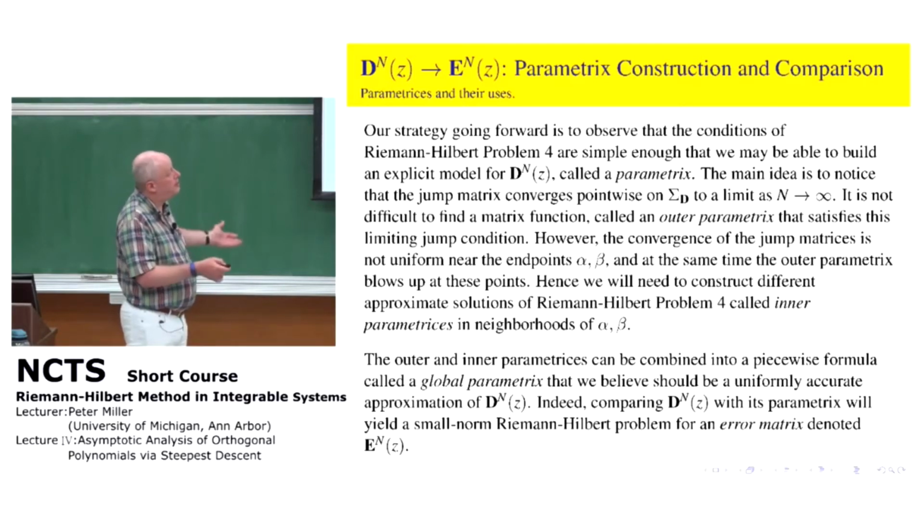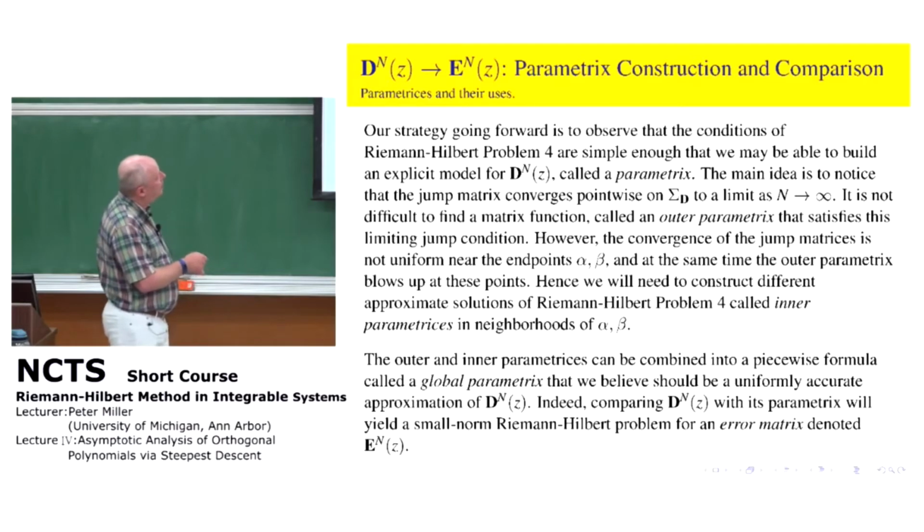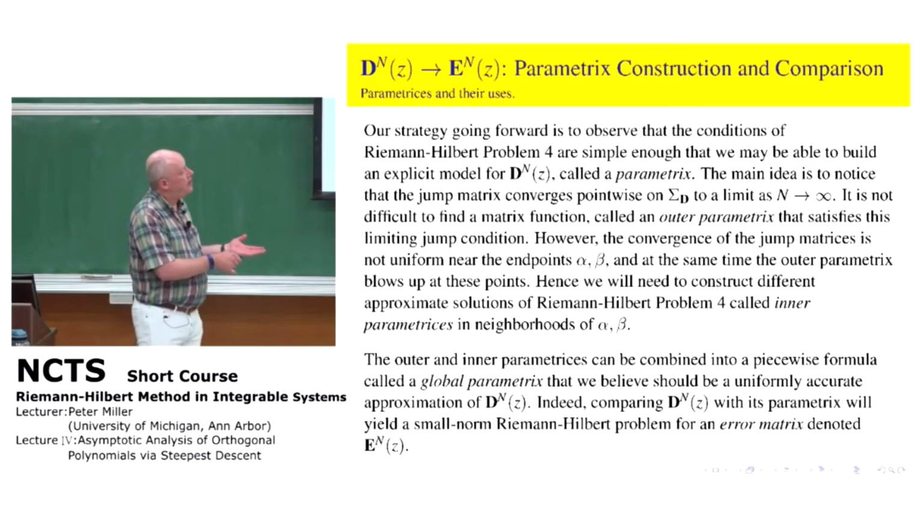There's actually a limit. So it's not hard to find a matrix function that satisfies the limiting jump condition. And we will call that limiting matrix, solving the limiting jump condition, an outer parametrix, okay?